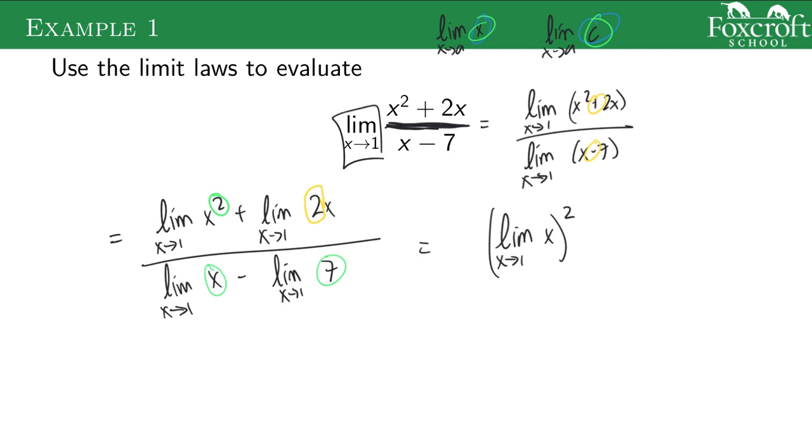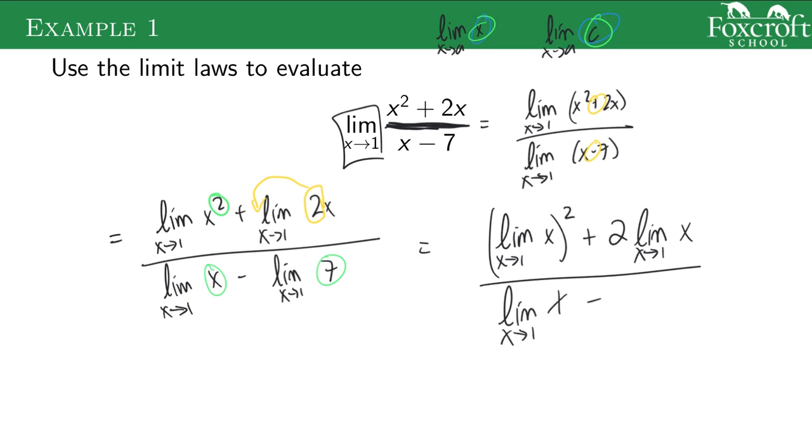This 2 is just hanging out in front of the x, just being multiplied by the x, so that 2 can jump in front of that limit. And now we're finally done because all of our limits, the actual limit part, is just an x or just a 7. So all of these we can evaluate using our very basic limits.